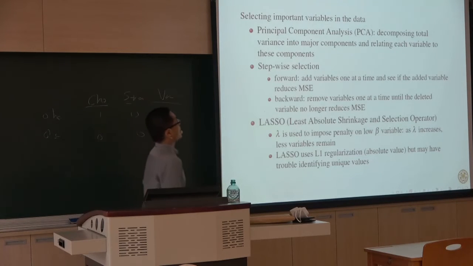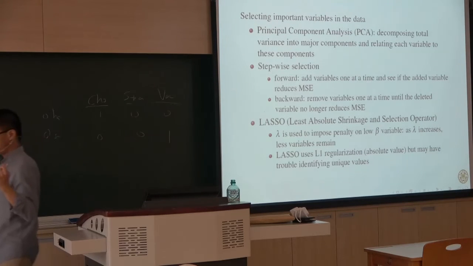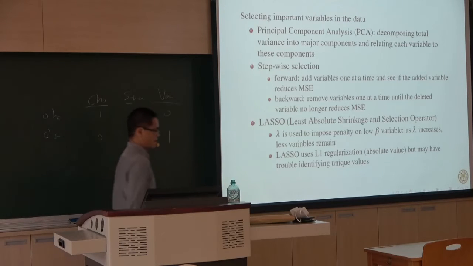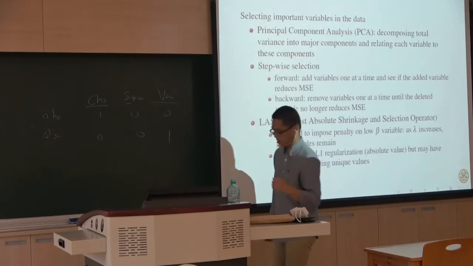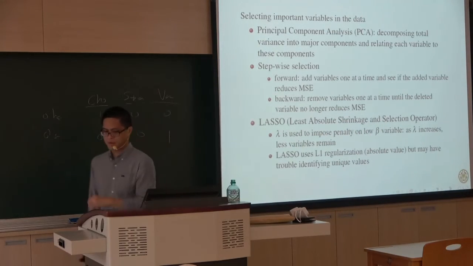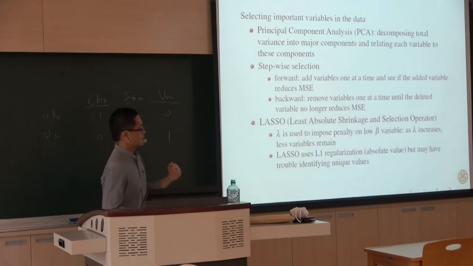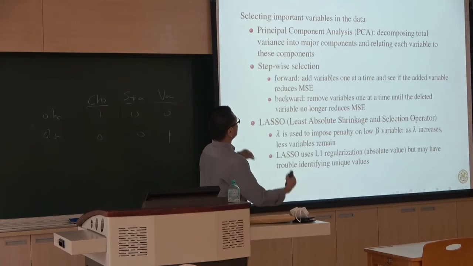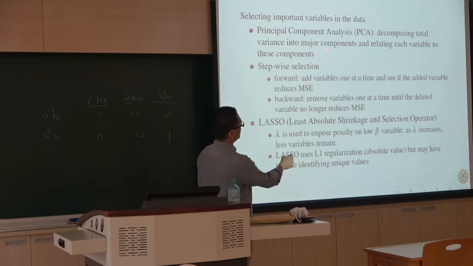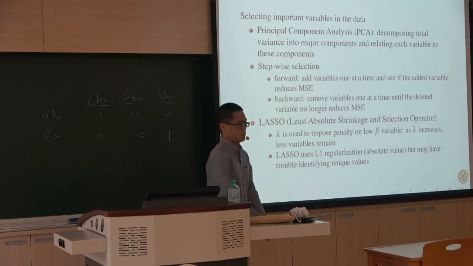Now, variable selection. So how do we select important features from data that contain lots of variables, where for some of them we actually do not have any information? The traditional way is to use principal component analysis, PCA, decomposing the total variance into major components and then relating each variable to these components.